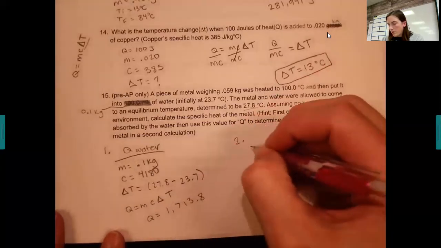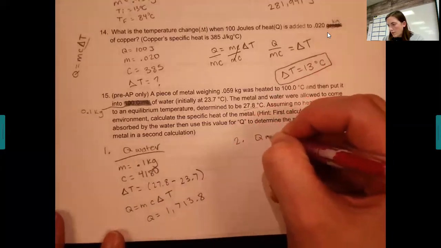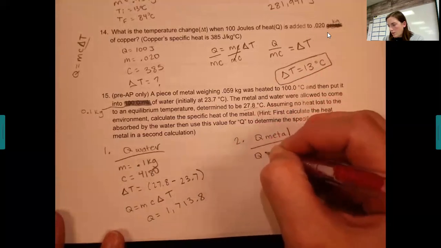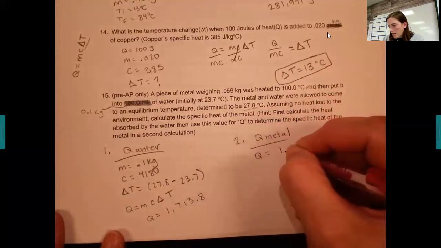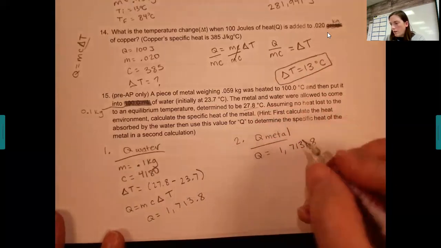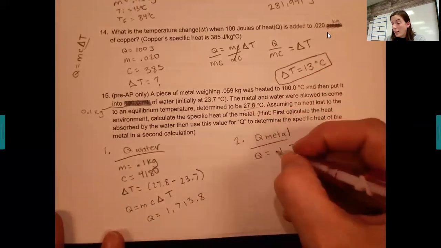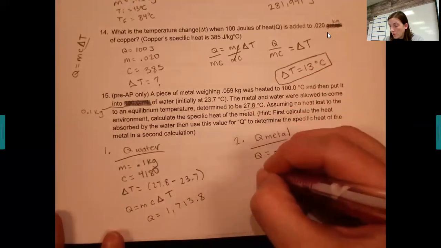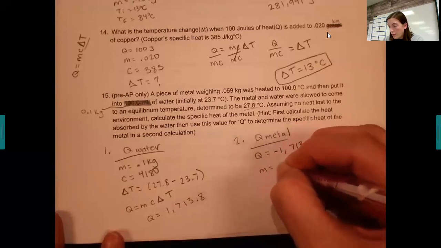Now we're going to go to the second step, where we use this Q value to figure out the specific heat of the metal. I'm going to make this negative because the metal, hold on, we know the mass of the metal.